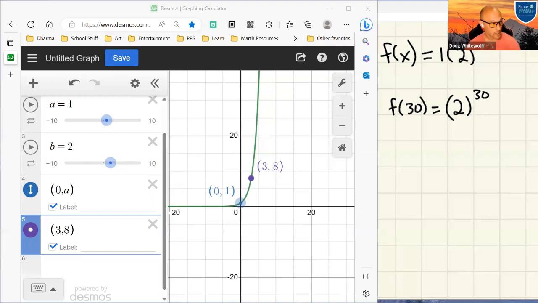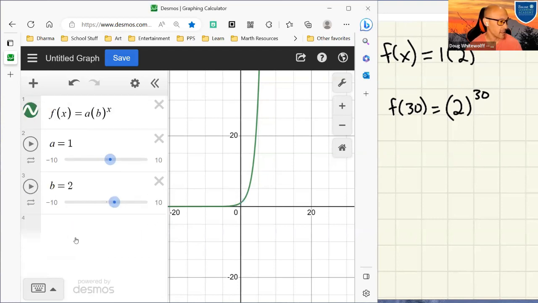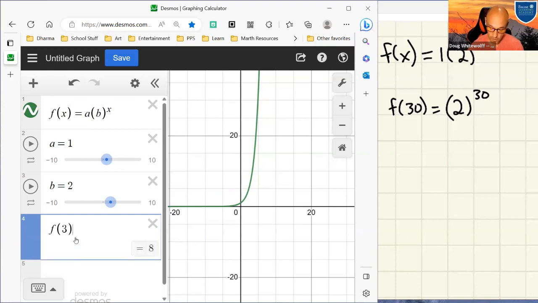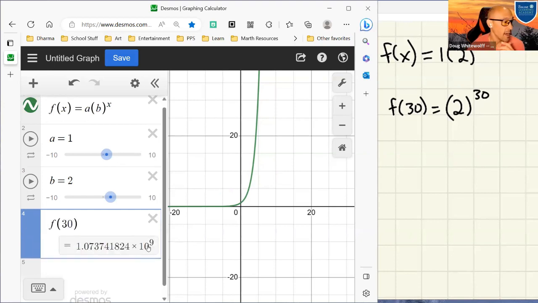Now, that's a really big number. So I can come over here and type in f of 30. And it's 1.07 and so on, times 10 to the 9th. That means we have to move that decimal 9 places.